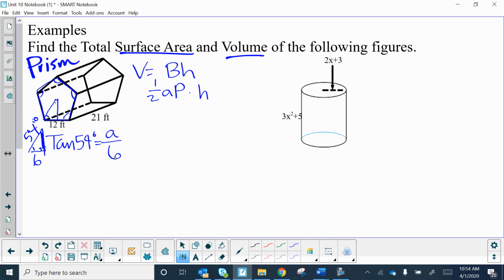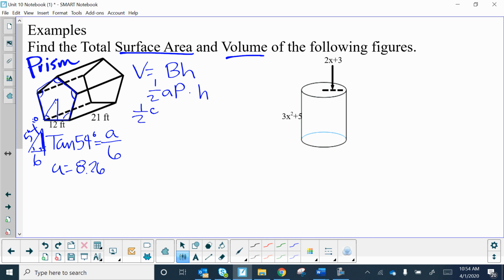So when 6 is on the bottom and the variable's on top, I'm going to multiply 6 times tangent of 54. So the apothem for this figure is 8.26. We'll just round to 2 decimal places. 8.26. So now I can plug everything into the formula.